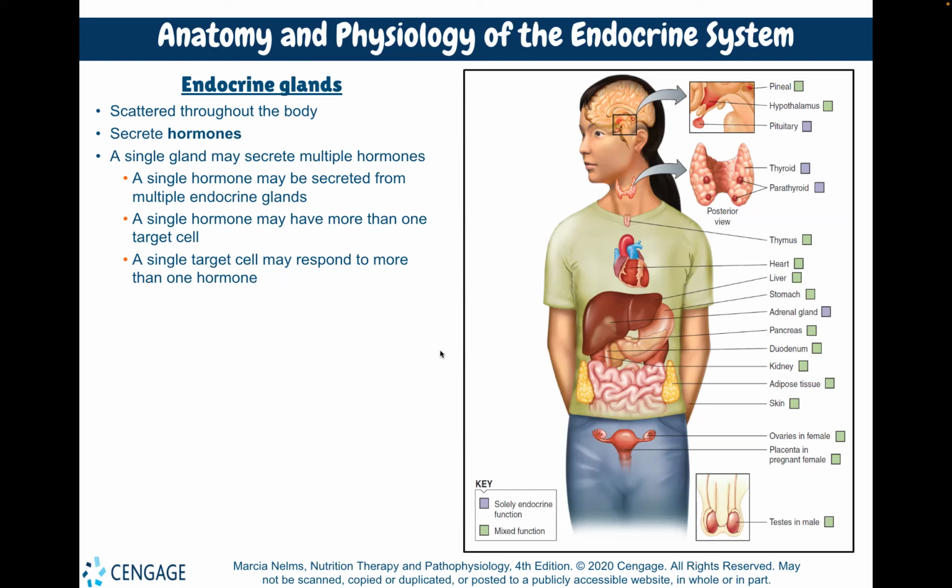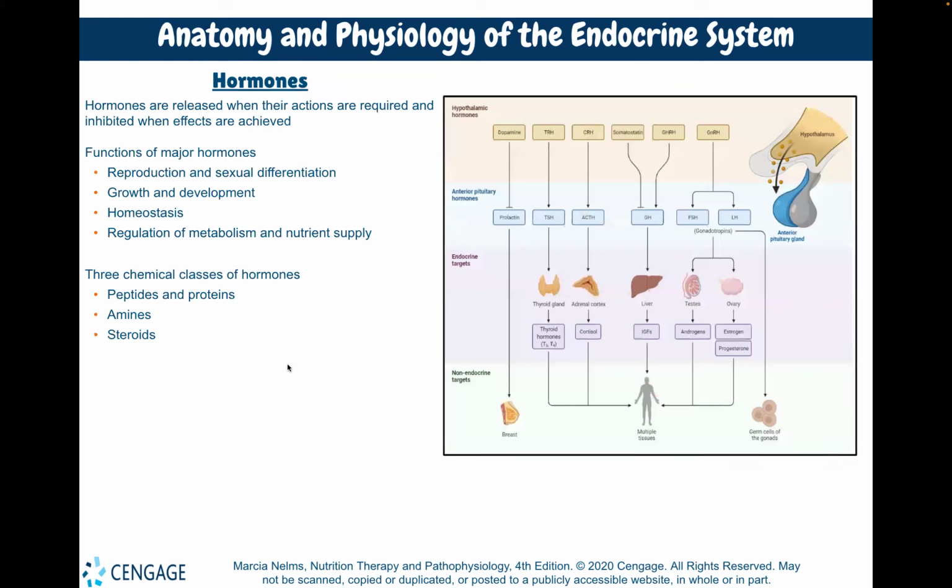So what you can see is that all of the organs contributing to the endocrine system are scattered throughout the body. And that's important because each of these are going to help produce hormones, which is the job of the endocrine system. And those hormones might be secreted from multiple different endocrine glands, or individual endocrine glands might have a specific hormone that they are in charge of.